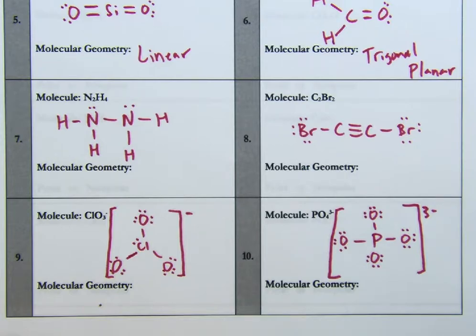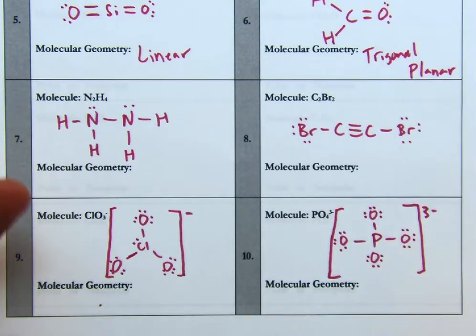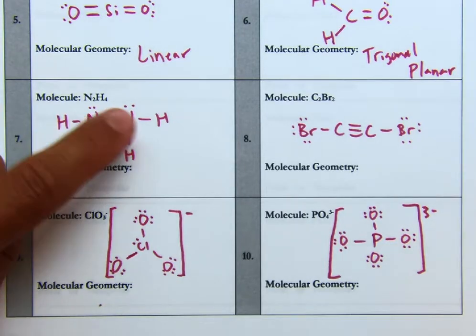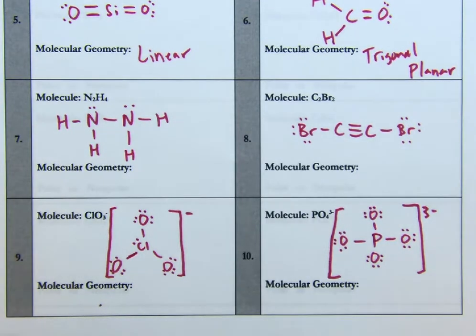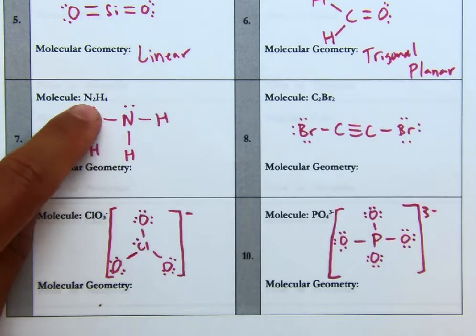Okay, so if you look at number 7, you might think, all right, if I'm looking at this molecule, what's the central atom? Well, you actually have two central atoms. We have this nitrogen, and we also have this nitrogen. So when you have more than one central atom, you're going to state the shape around both of them. So this nitrogen has 1, 2, 3, 4 domains.